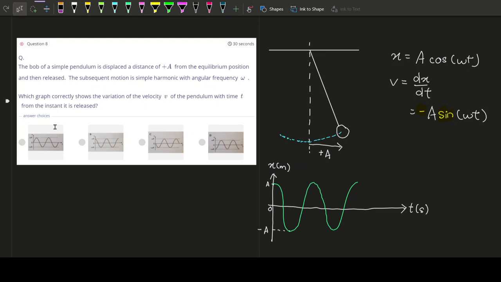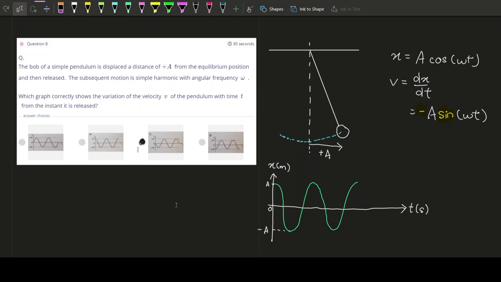This is a positive sine graph. This is a cosine graph. This is a negative sine graph. So this is what we are finding, and your answer will be this one. The one at D is actually a negative cos graph, but this is not what we need. We need a negative sine graph. So that's how you determine the shape of the velocity against time graph. So that's for question 8.